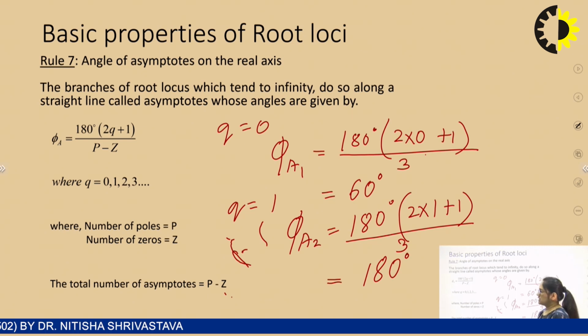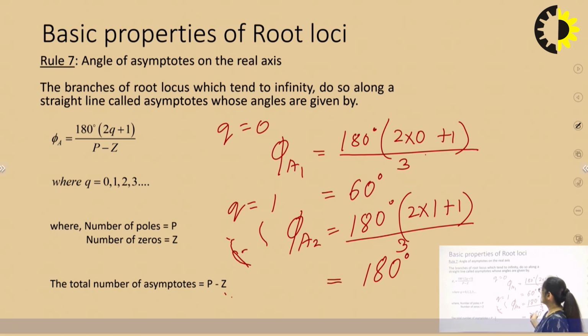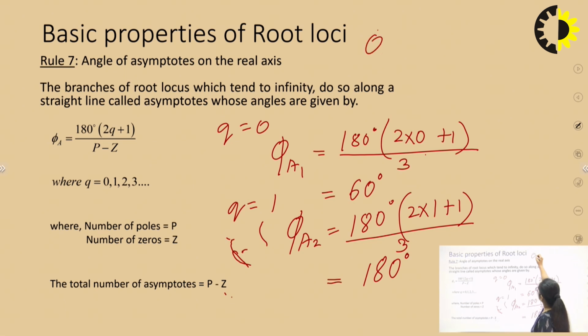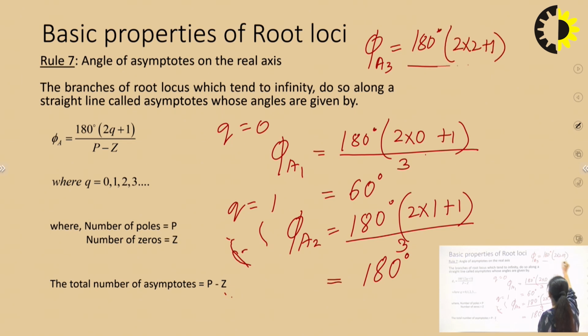That means another angle of asymptote is 180 degree. And we have q is equal to 2, so the third angle of asymptote will be 180 degree into 2 into 2 plus 1 upon 3. So this comes out to be 300 degree.